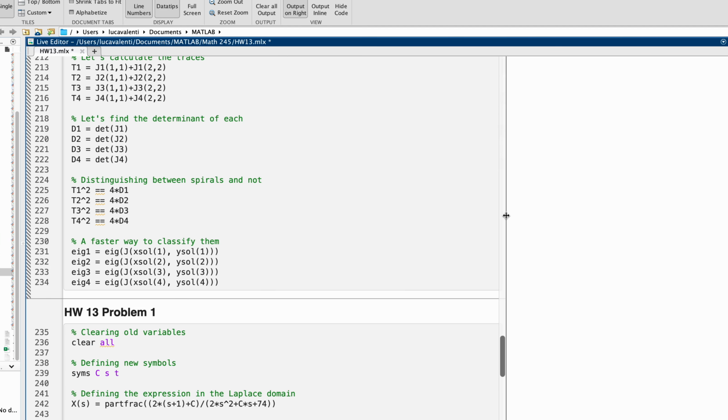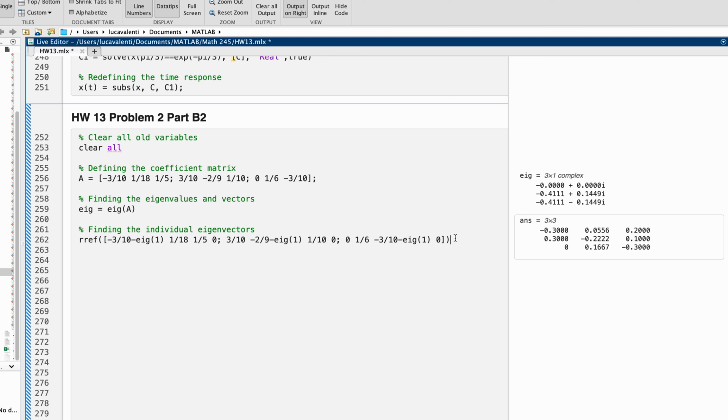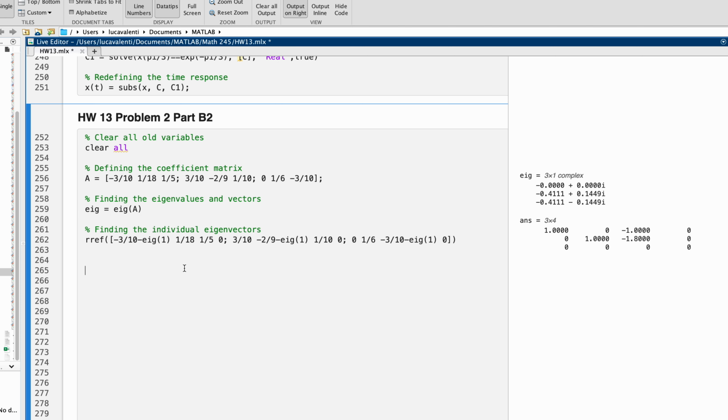And if we put it in reduced row echelon form here, we should get the eigenvector. So we press Control Enter, and we get this. So now we get that the third row is linearly dependent on the other two, which is what we are expecting.